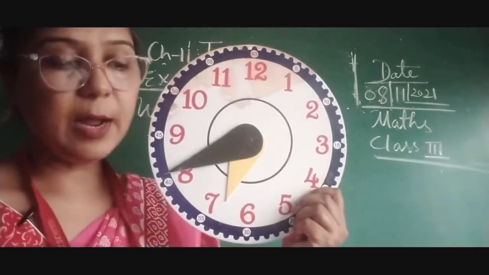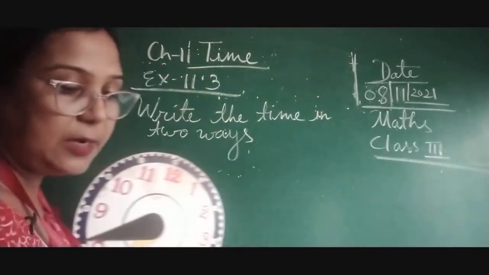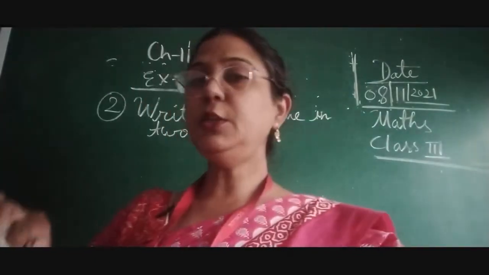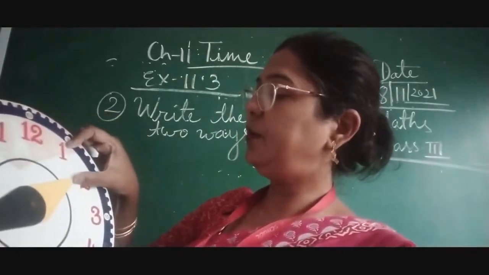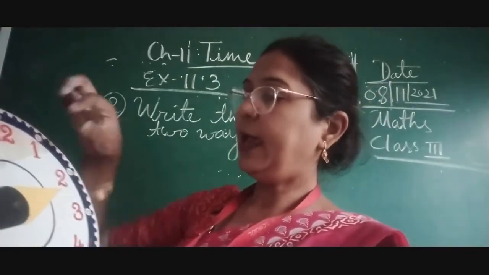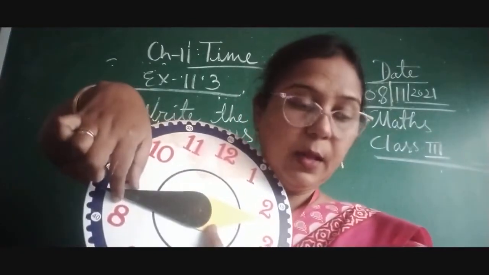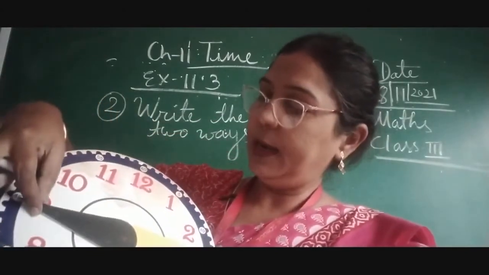Okay. So children, it is already drawn. So I'm going to show you the next one that we are going to do. That is, the shorter hand is in between 2 and 3, and your bigger hand is at 9.